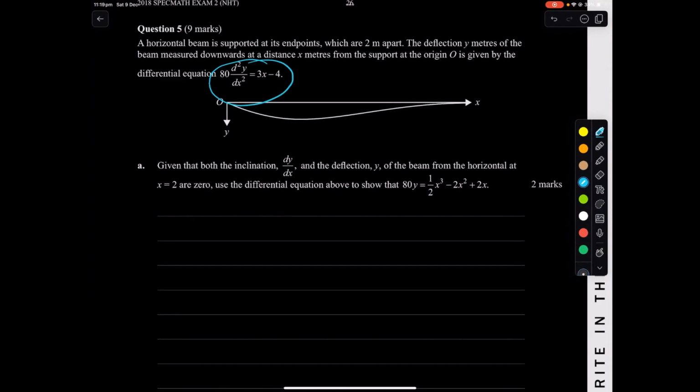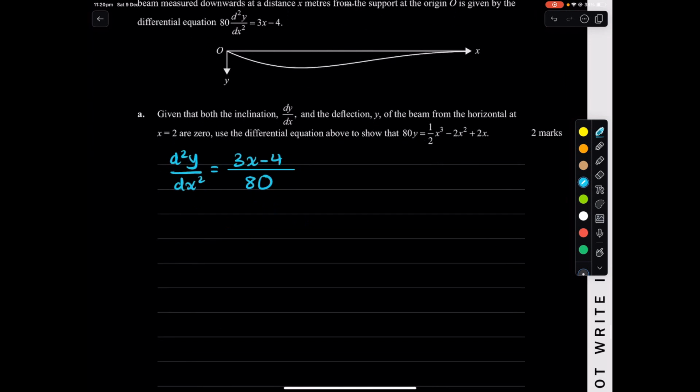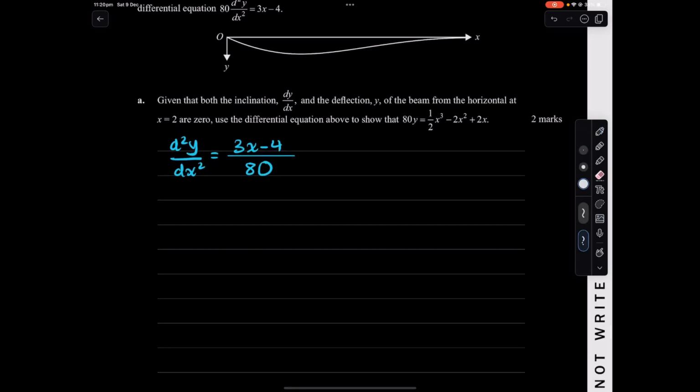So here, I just want to get d squared y over dx squared. I'm going to divide both sides by 80, so it'll be just 3x minus 4 divided by 80. And we get this. So I'm going to integrate this. Now, you know how when we integrate we have to add plus c and then sub these values in?